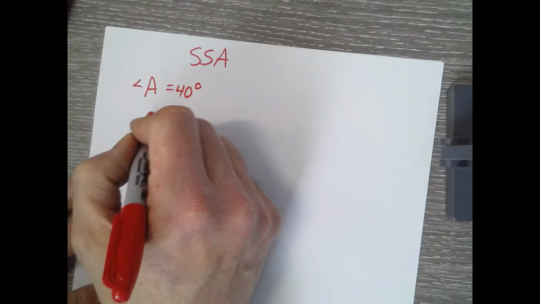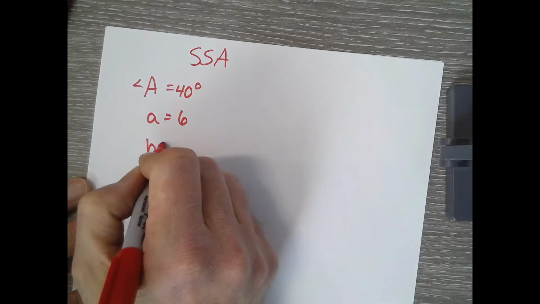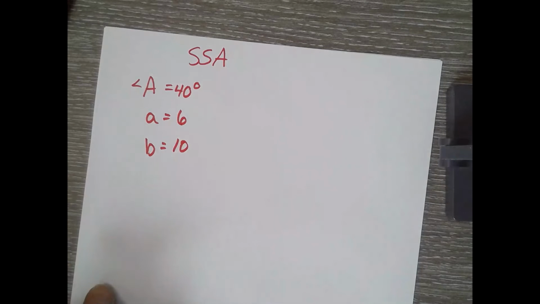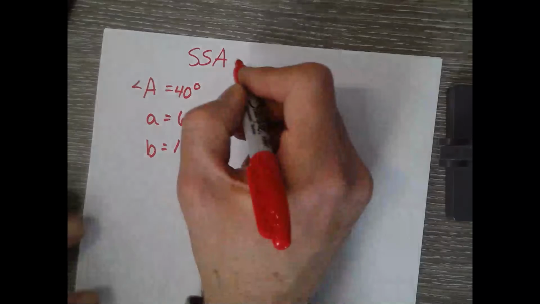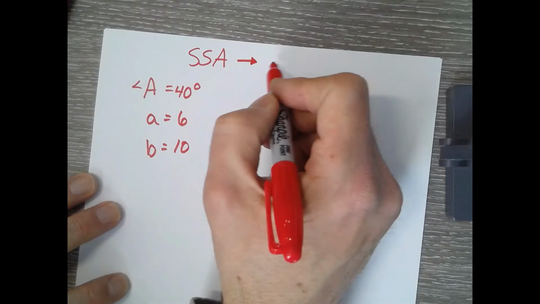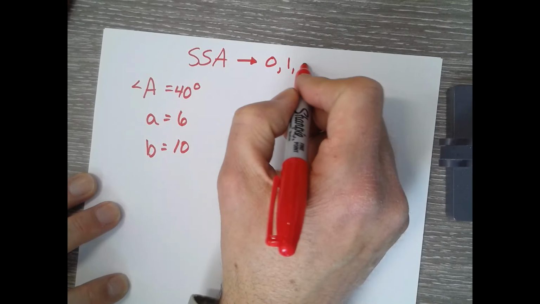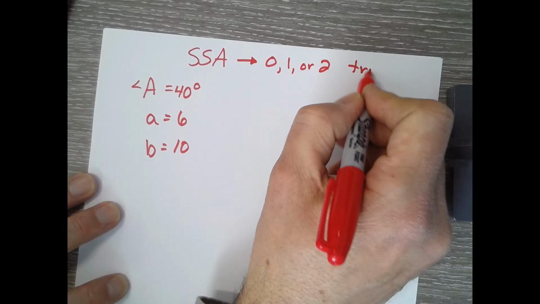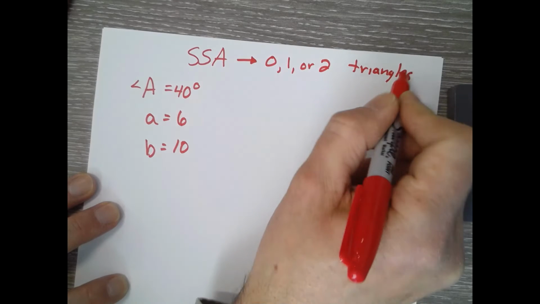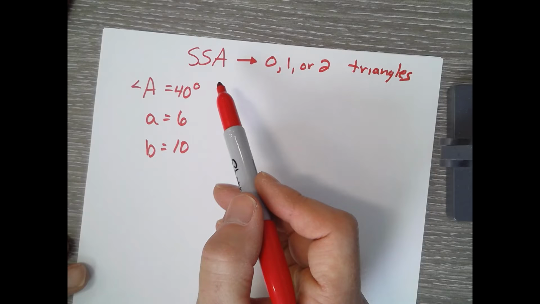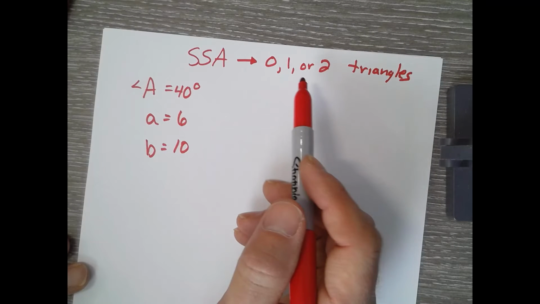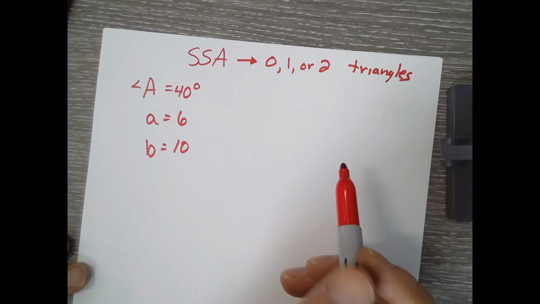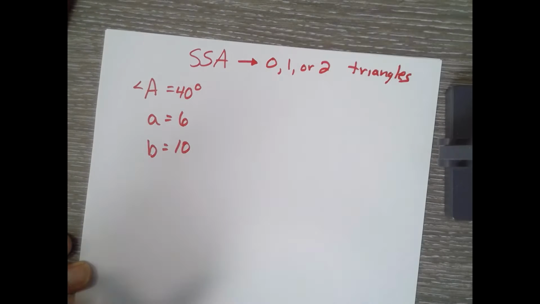Let's say A is 6 and B is 10. And for the side-side angle, there's actually three scenarios. A side-side angle could have 0, 1, or 2 triangles. Okay, it's possible you don't have any triangles given the information. Sometimes you only have one, and sometimes you can actually form 2 triangles given the information. So I'll show you how to determine that out.